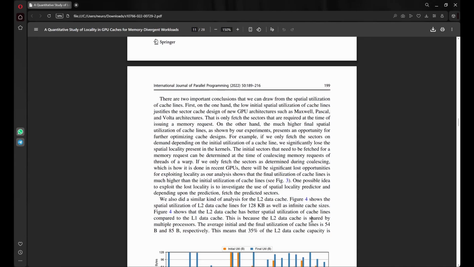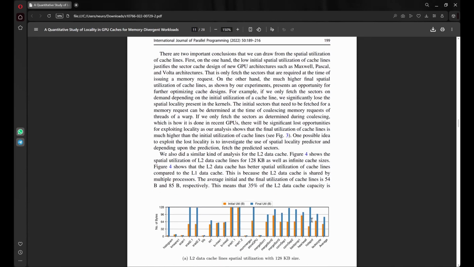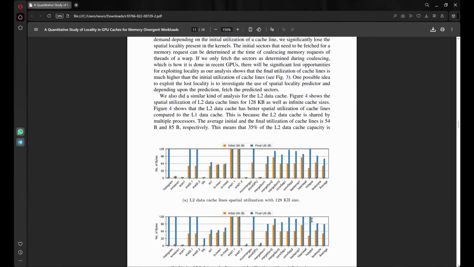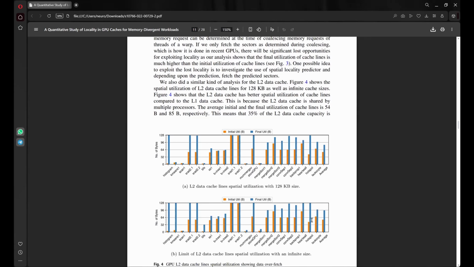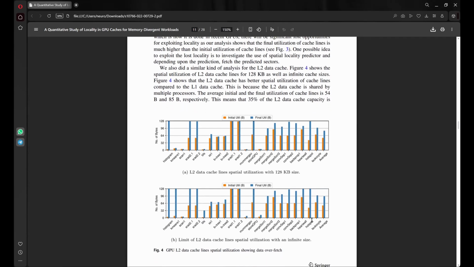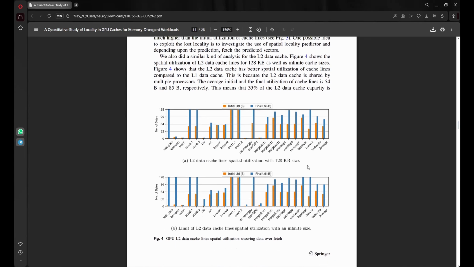They did this with L2 cache as well. And what they saw is that L2 cache actually performs a lot better. Even at the normal 128 kilobyte cache size at the time of the paper, the final utilization of cache lines goes from 54 initially when the cache line is brought in to 85.